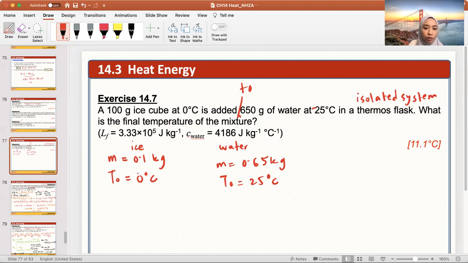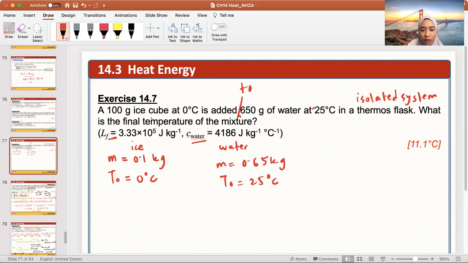Okay, so now we are more prepared. But now it has become more complicated. We have latent heat of fusion here, and we have seawater. Just now we only talked about Q iron and Q water, so it was straightforward. Now we have L F, but we are more prepared. We know how to use the equation, delta T, and we know which is minus Q and which is positive Q. So let's do that first.